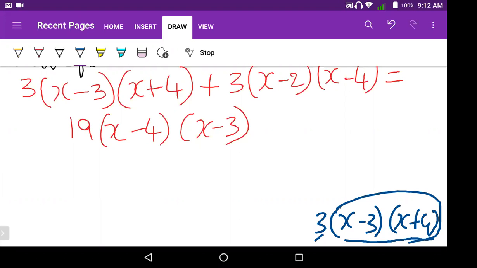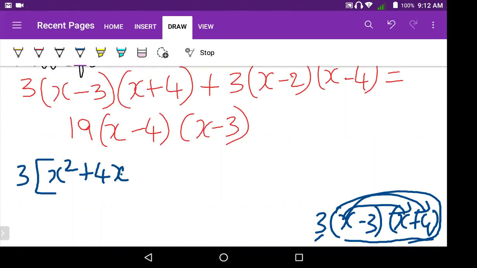Okay, so x into x is x square, x into 4 is plus 4x, then minus 3 into x is minus 3x, then minus 3 into 4 is 3 fours are 12, but it is minus, so minus 12.